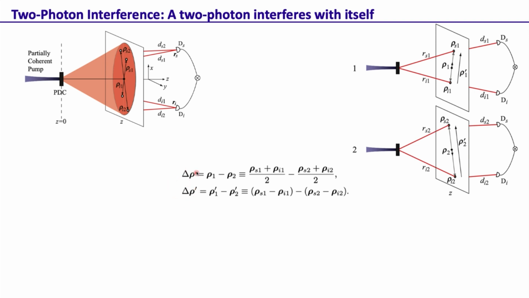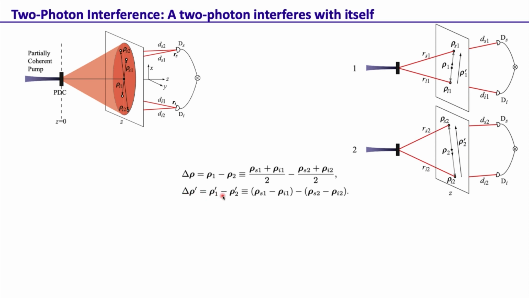In order to do that, we again introduce these terms delta rho and delta rho prime, just as we had done with delta L and delta L prime in the other case. So delta rho is rho 1 minus rho 2, where rho 1 is the average of these distances, rho S1 plus rho I1 over 2. Rho 2 is the average of these 2 distances or displacements, rho S2 plus rho I2 over 2, and the difference is delta rho.